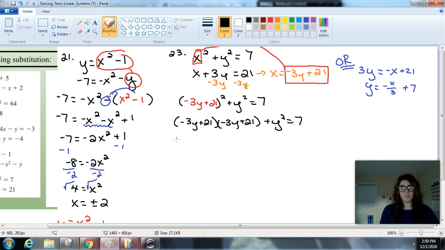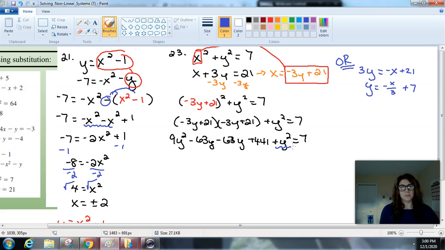So negative 3y times negative 3y is a positive 9y squared. Negative 3y times 21 is a negative 63y. 21 times negative 3 is another negative 63y. And then 21 times 21 is 441 plus y squared equals 7.